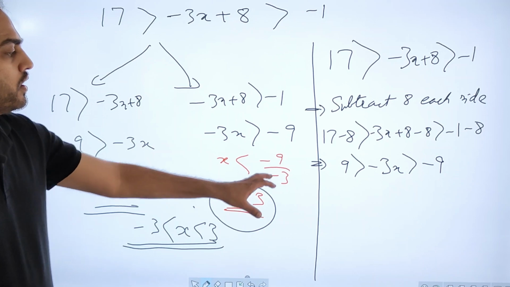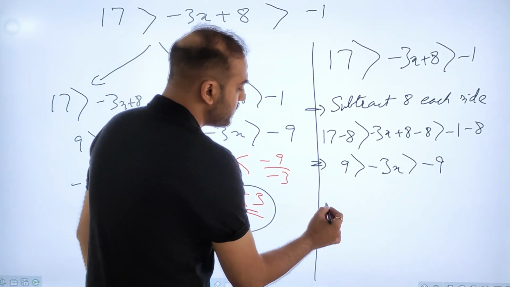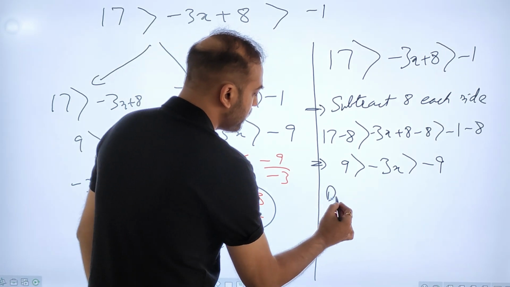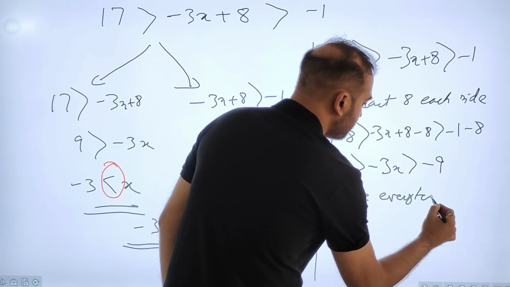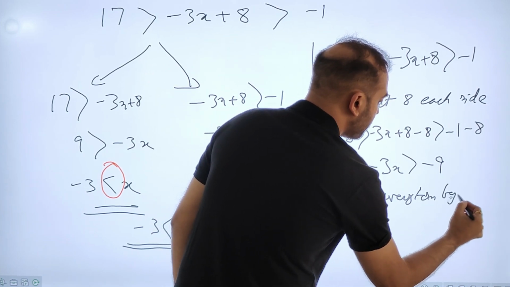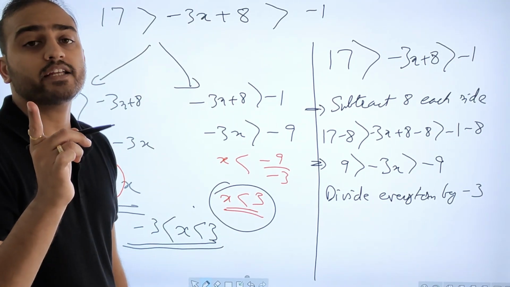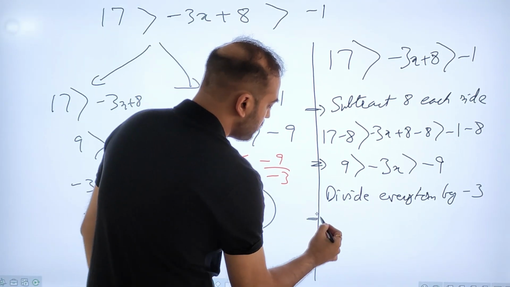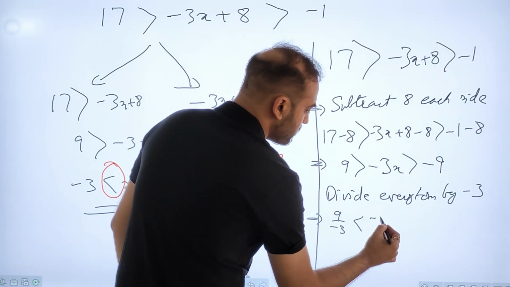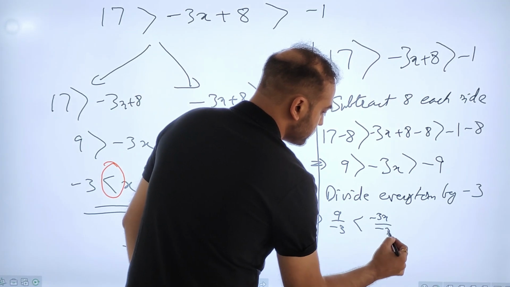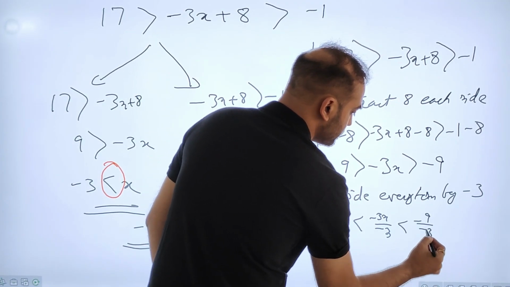Now that I have solved that, again I don't want minus 3, so I divide every term by minus 3. If I am dividing, the inequality sign should change. So 9 by minus 3, the sign changes, minus 3x by minus 3, the sign changes, minus 9 by minus 3.